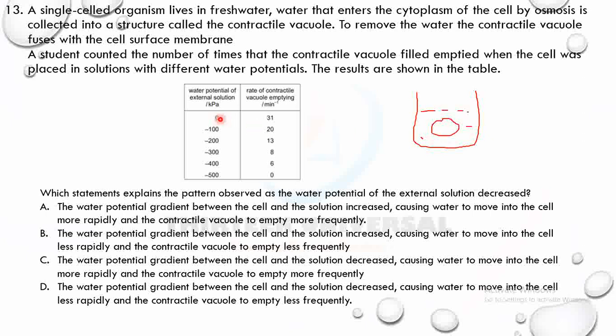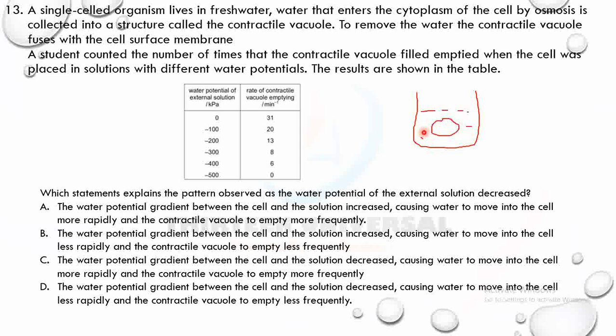This is the highest water potential of the external solution, that's 0, but you can see that it's becoming more negative. That means the water potential is decreasing. The more negative the water potential, the lower the water potential. So it's not as high compared to the water potential inside the cell.